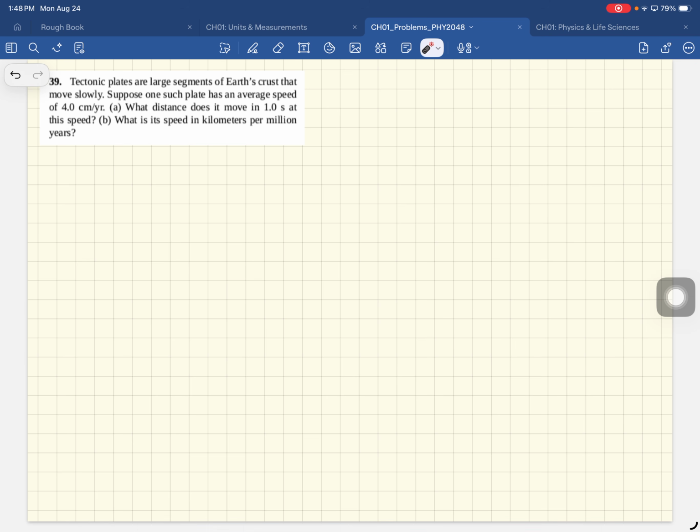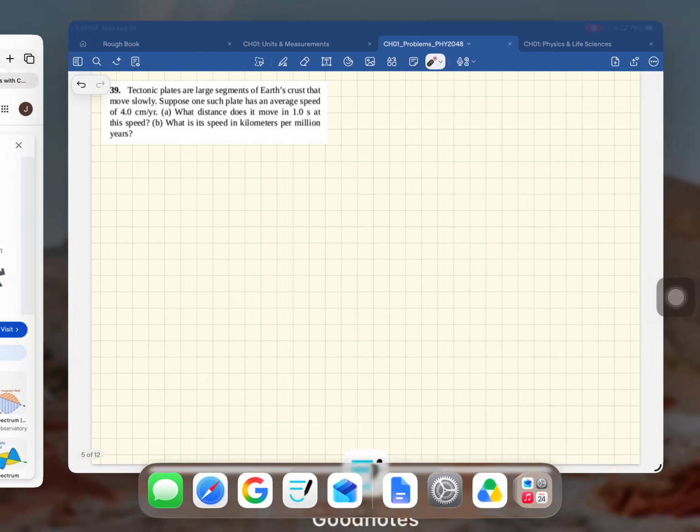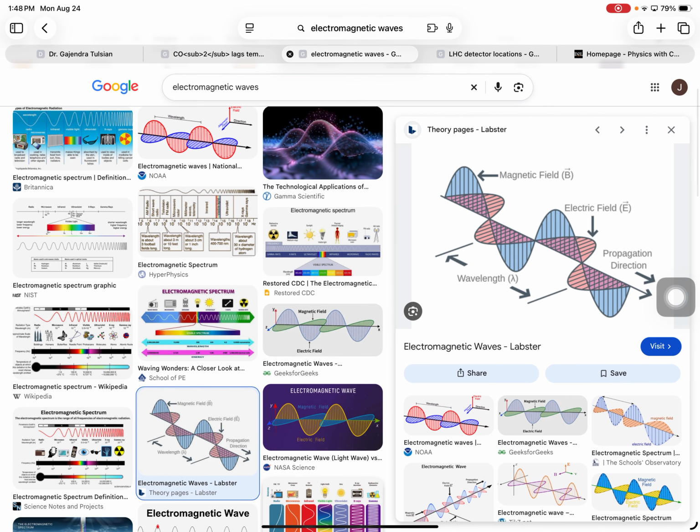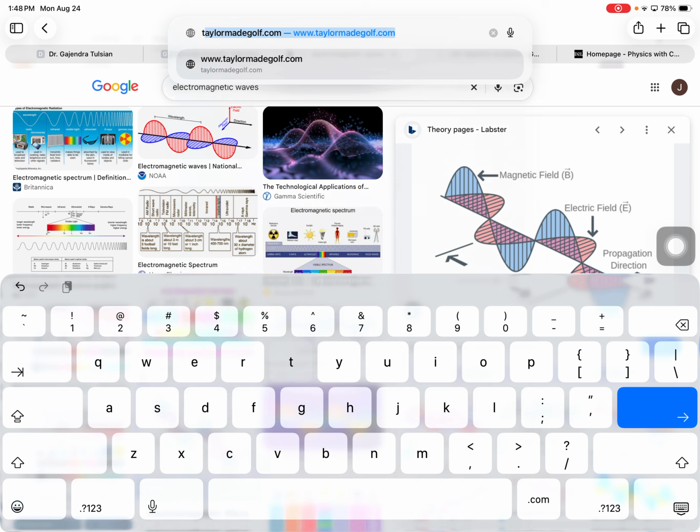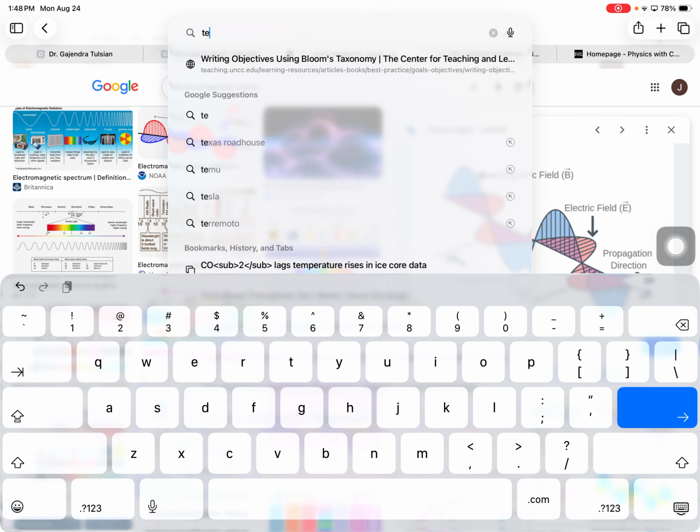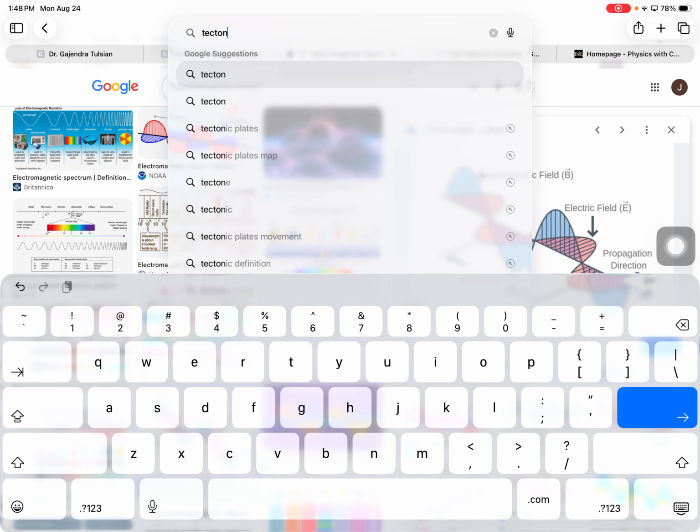So let's see. Remember the plate tectonic theory, it's about 100 years old. South America and Africa were together at one time.